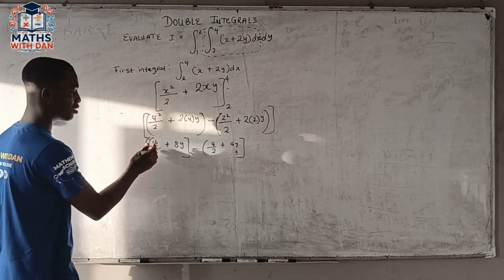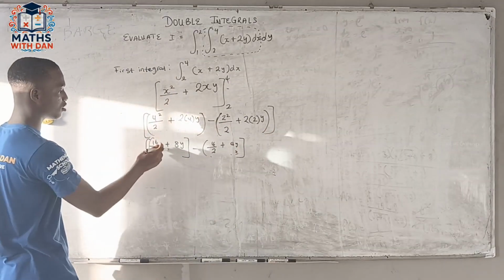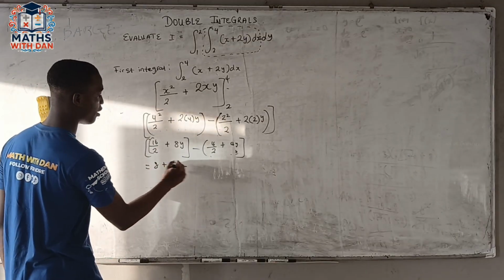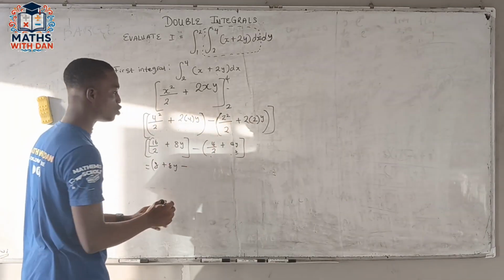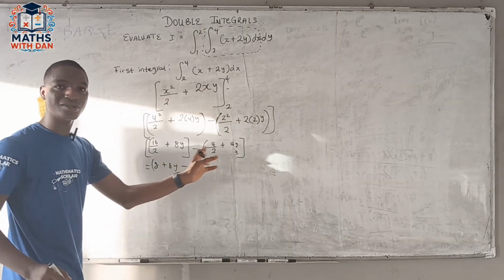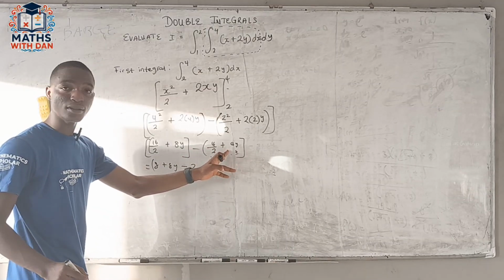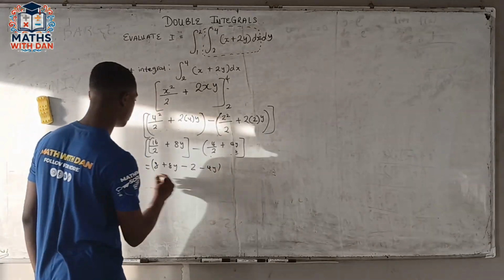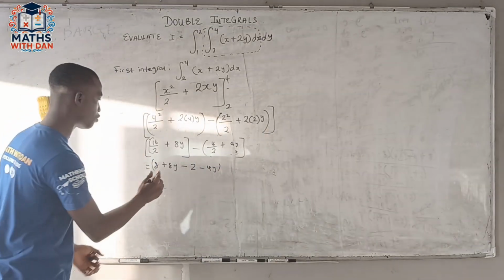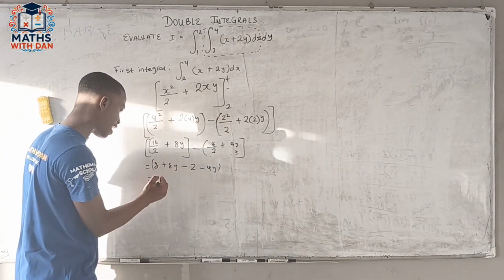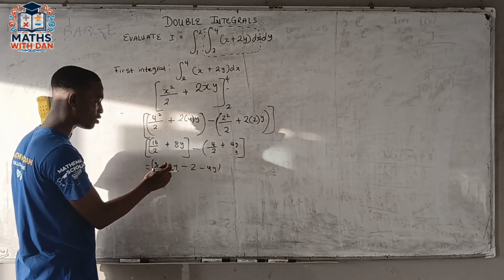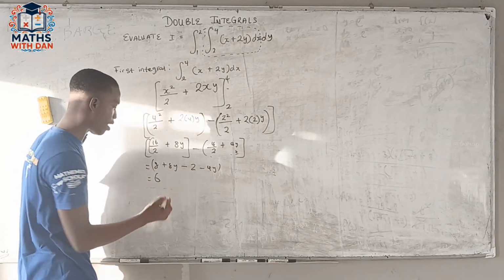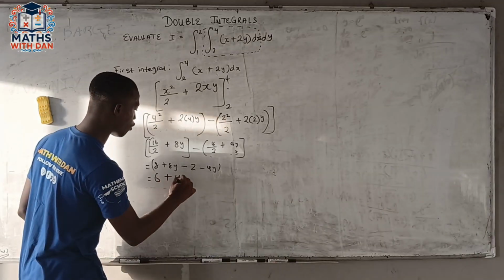So 16 divided by 2 is 8, plus 8y, minus 4 divided by 2 is 2, minus times plus is minus 4y. Right? So what are you going to have? 8 minus 2 is 6, plus 8y minus 4y is 4y. Right? So you are going to have plus 4y.